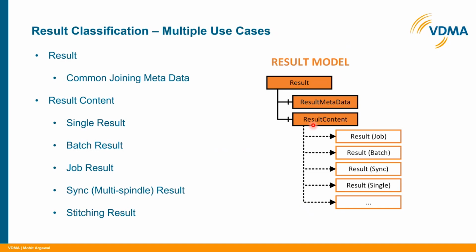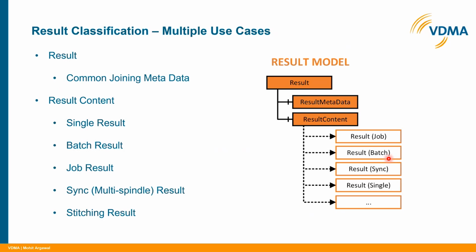But then the content is dynamic because content is a base data type from the machinery result transfer specification. Based on the configuration, the content can point to a single result where we are performing a single tightening. It can point to a batch result where we perform a tightening of 4 or 5 bolts in a sequential way, or it can be a job result and so on.